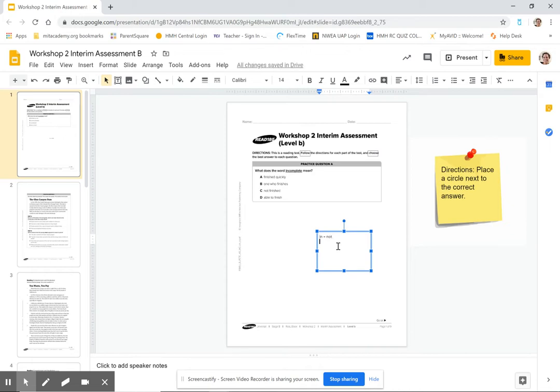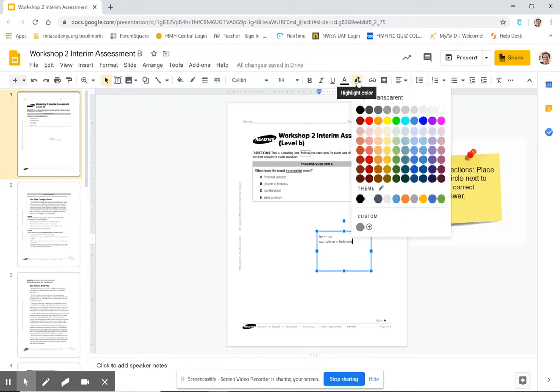And then complete. What does complete mean? So I'm going to use my background knowledge. Complete means finished. So I need to find the answer that means not finished. And I can see the answer right there.